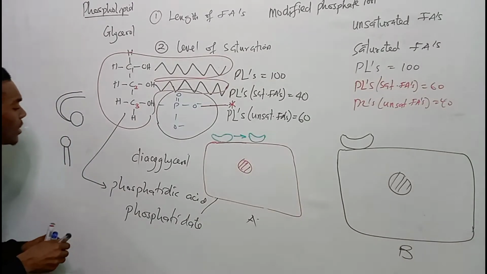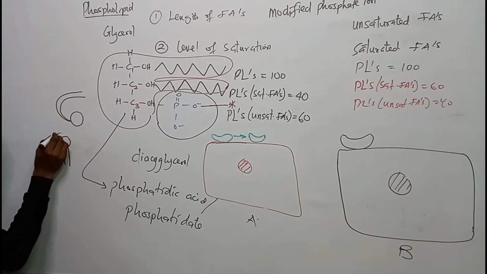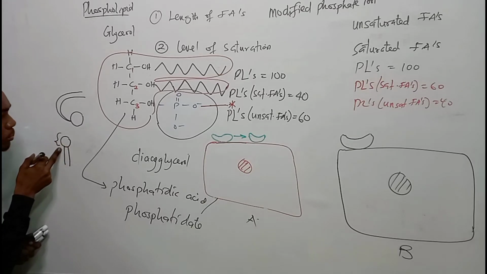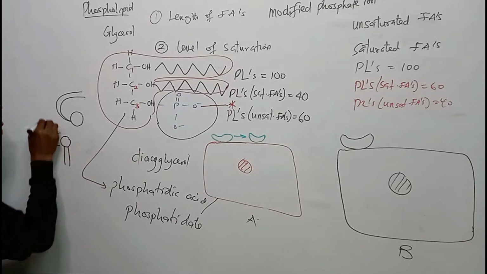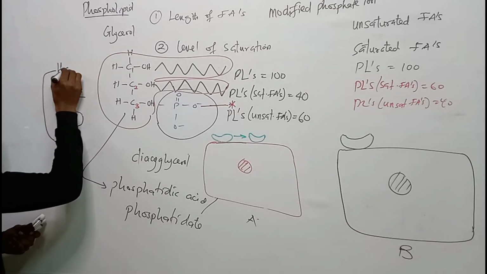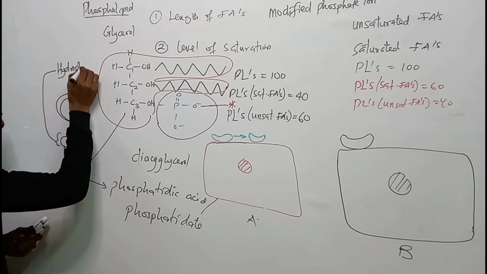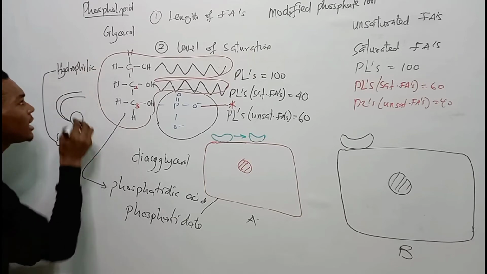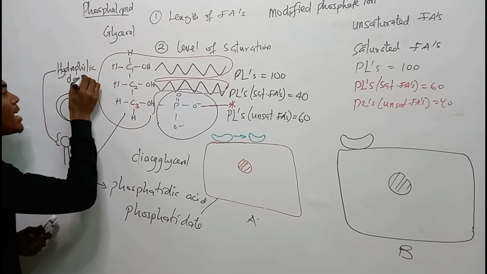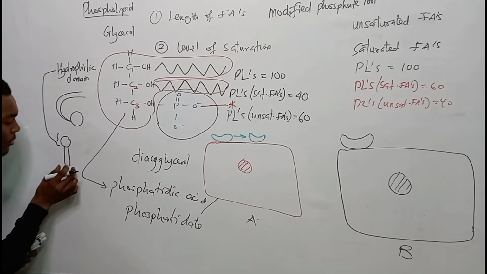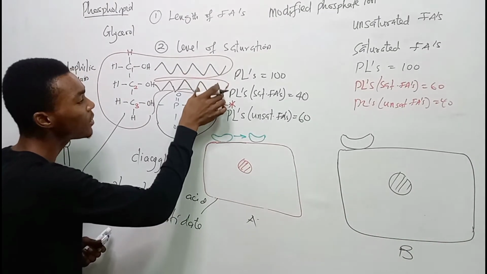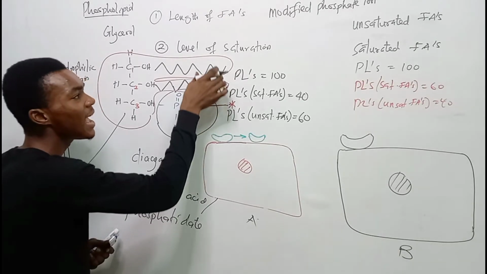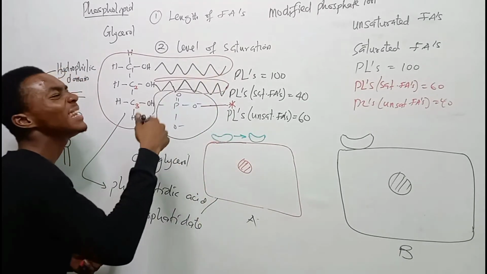So what are we trying to say right now? We're saying that this polar head group, or this phosphate ion represented by our head over here, is going to be the hydrophilic domain of our phospholipid structure. Whereas the tails, represented by the diacylglycerol, have no charges on them. Because of that, they are uncharged and therefore non-polar.